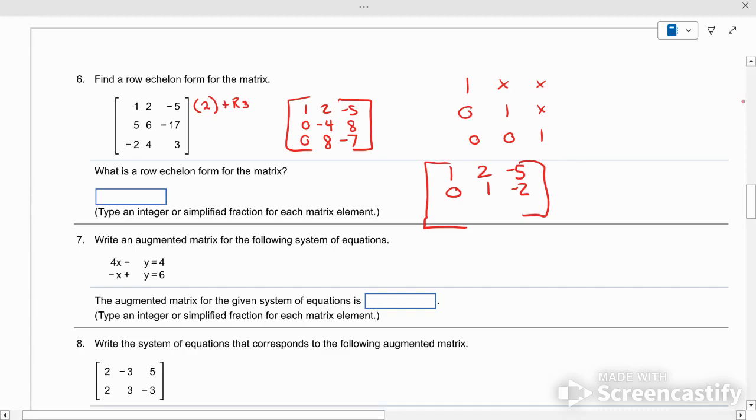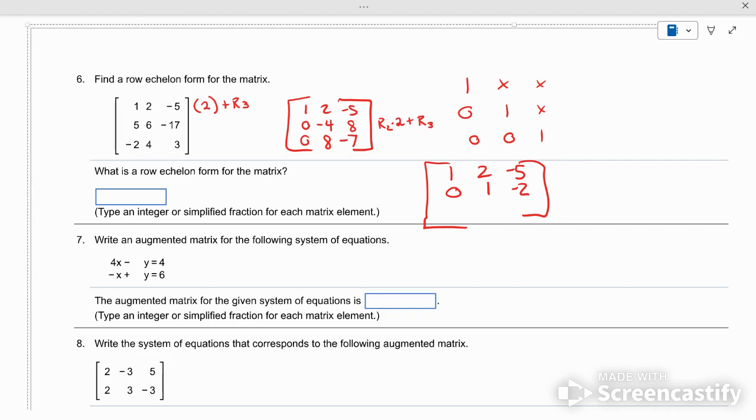How can I get 0 here? Well, if I multiply row 1 times something and add it, then I'll have other numbers here besides 0. So I have to do it between these two. How do I get 0? Well, I take row 2 times 2 and add it to row 3. Row 2 times 2 and add to row 3. So if I take this, I get -8 plus 8 is 0.